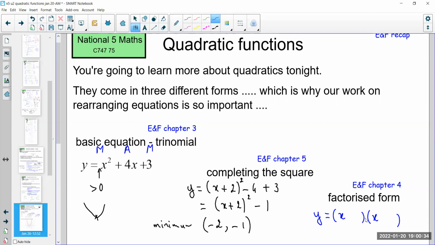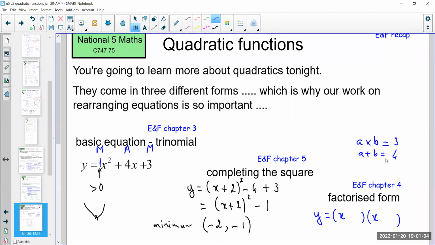Those 2 here, I'm going to call them A and B. So I need to find A and B such that here I've got an invisible 1. M times M is 3. So I'm looking for 2 numbers such that M times M, which is A times B, equals 3. And if you add those two, A plus B, you get the value here, 4.